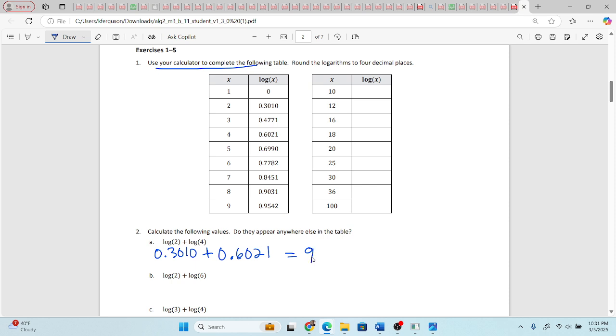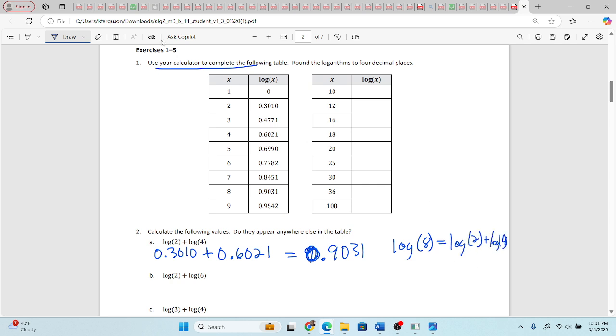I get approximately 0.9031, which is approximately log of 8. That is the same as log of 8. So log of 8 equals log of 2 plus log of 4.